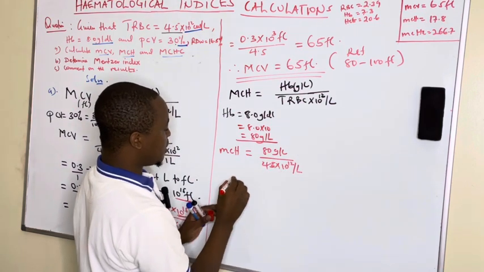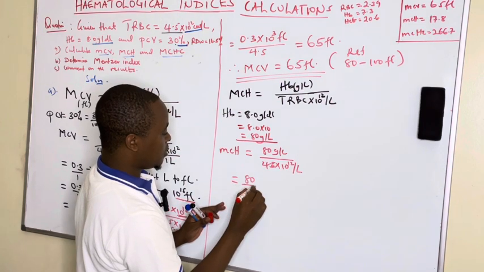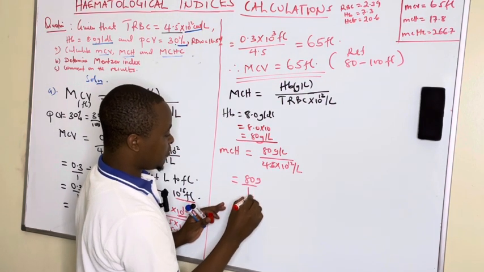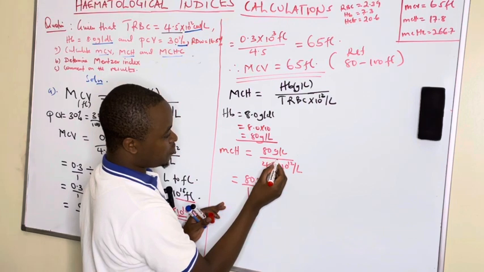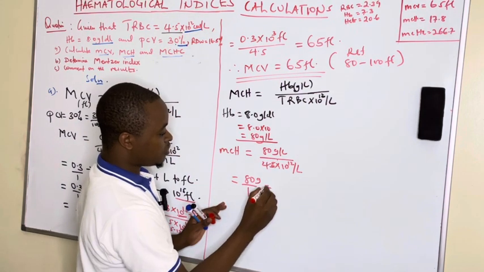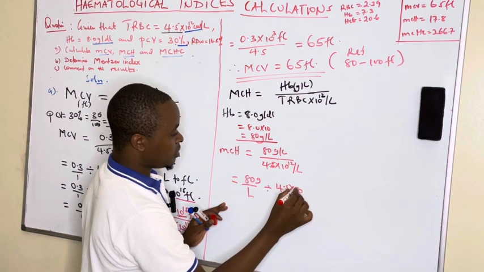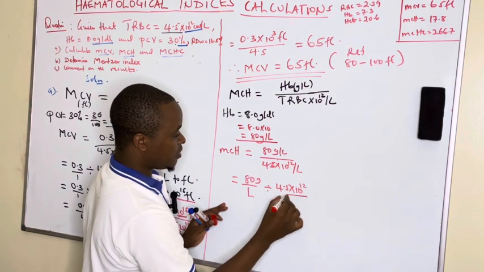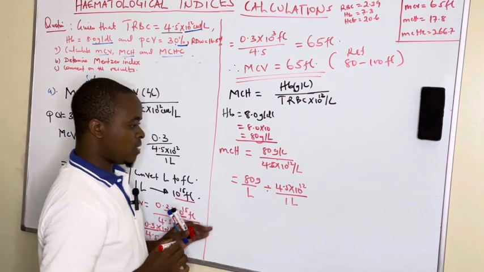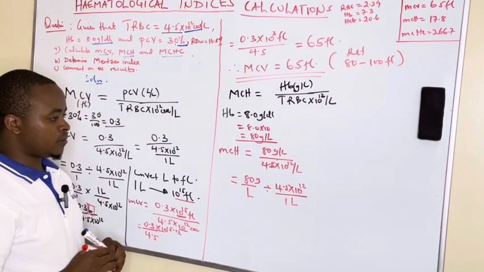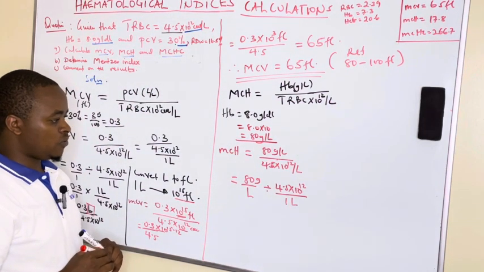And this one is the same as 80 grams divided by liter. Then instead of putting this, I'm going to put a division sign, which is 4.5 times 10 to power 12 divided by 1 liter. That is what we are doing.